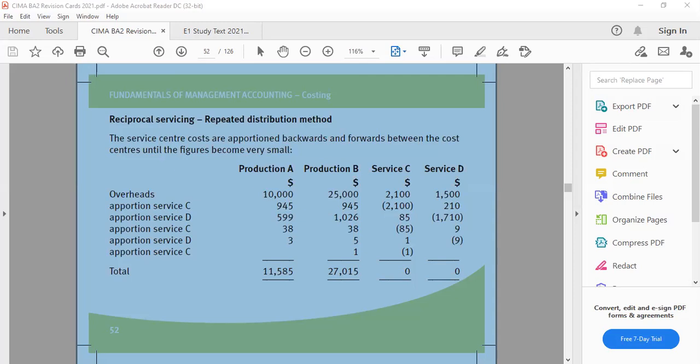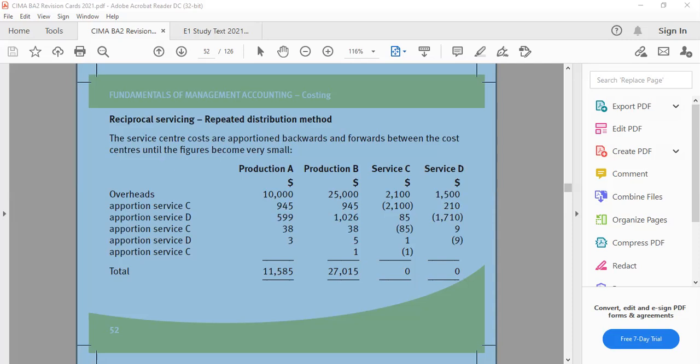So this process has to go on repeatedly, continuously, until a point where whatever is the remaining amount in any particular service department, we can ignore that. So till then, this work has to be repeatedly carried on. That's why it's called the repeated distribution method.